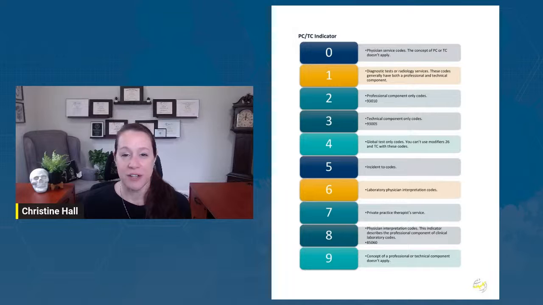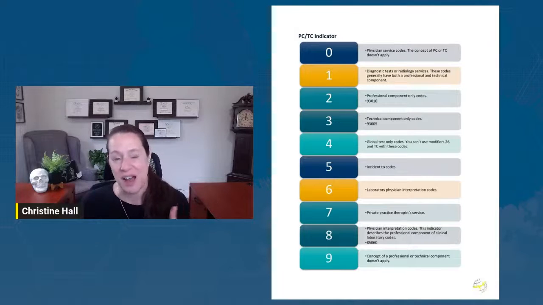2 means it's a professional component only code. So, for example, our EKGs, we have a global EKG code, we have a technical EKG code, and we have a professional EKG code. Now, the professional EKG code only has a PCTC indicator of 2. Means it's only covering that professional service.